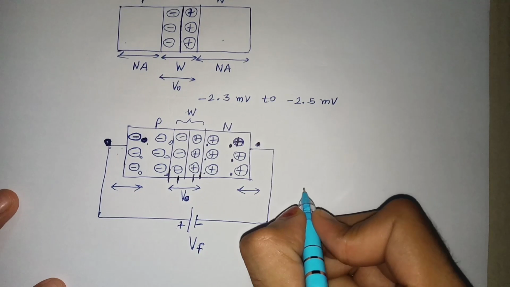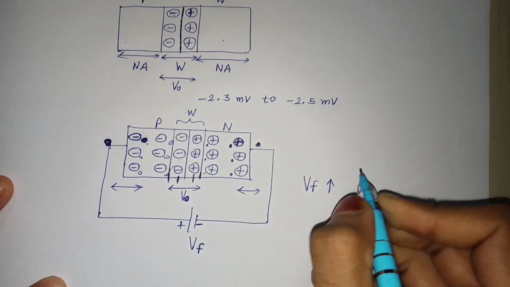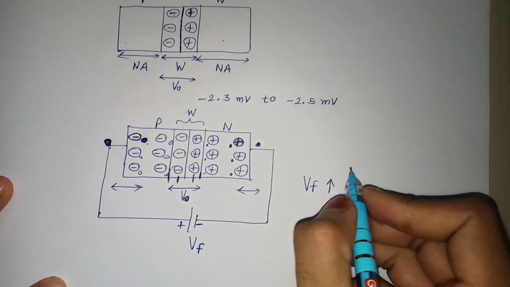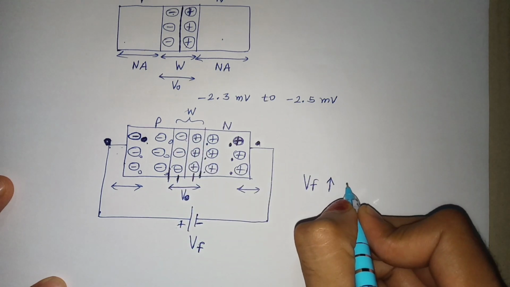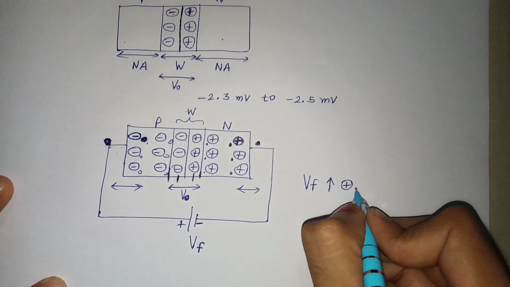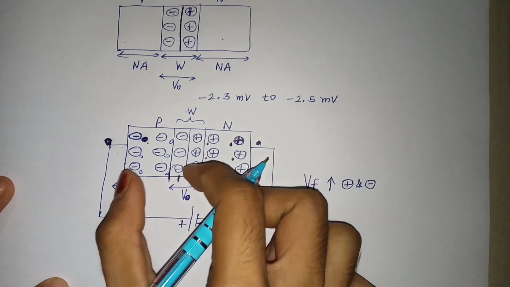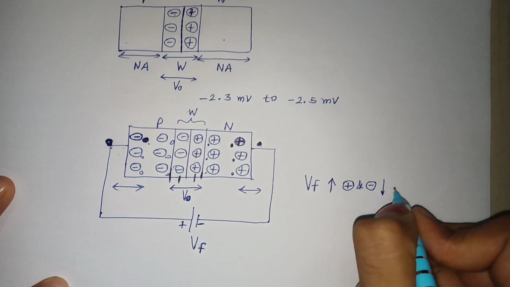You can say from this that if VF increases, then the concentration of ions, that is positive and negative ions inside the depletion region, decreases.